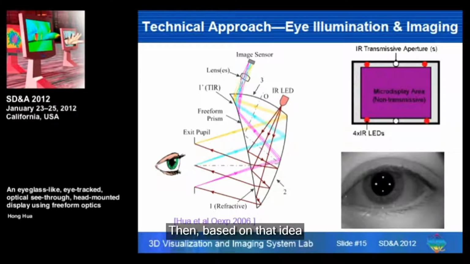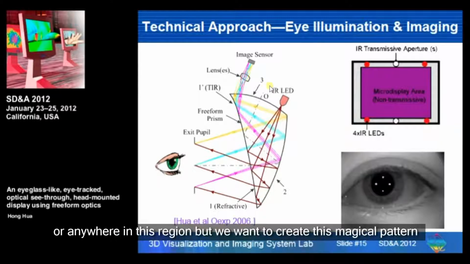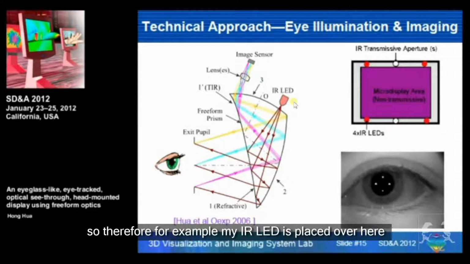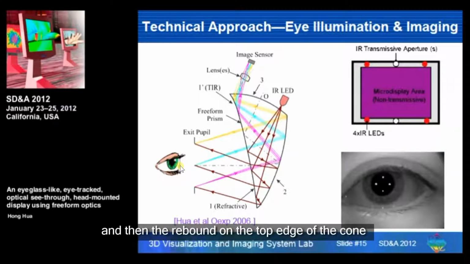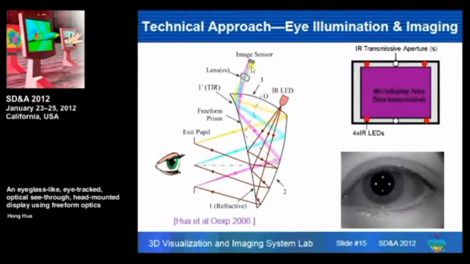Then, based on that idea, we can place, for example, LEDs on the side, anywhere in this region, but we want to create this magical pattern. So therefore, for example, LED placed over here, and it will follow the path and illuminate the eye. And then the ray bundles on the top edge of the cone will be used for the eye image and will be captured by an infrared sensor.